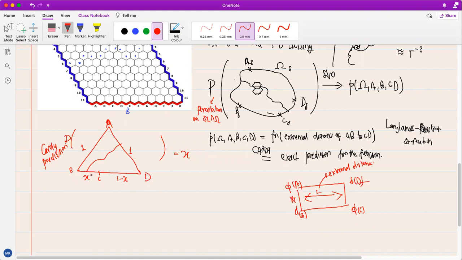If you break one side into X and 1 minus X, the probability of crossing from this side to that side is exactly X in the limit. This is the Cardy prediction.